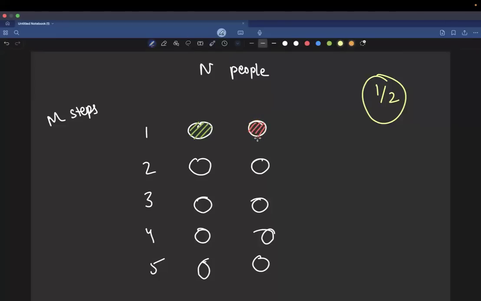So the problem is telling you that there are n people, they will go one by one. Now, if somebody died here, obviously the next person should ideally be smart enough to go to the other glass.